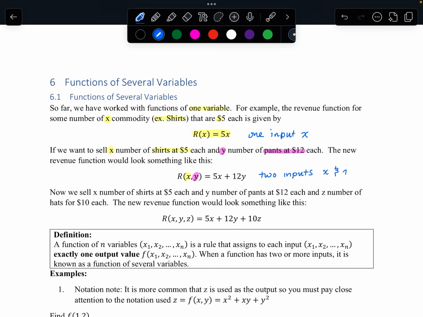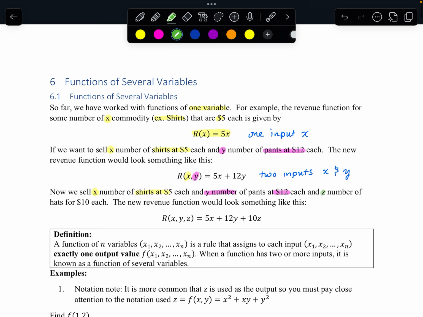X and Y. In our last example, we could sell X number of shirts for $5, and Y number of pants for $12. We can even add a third variable, let's say hats, for $10 each. Now we have our inputs: X shirts, Y pants, Z being hats.